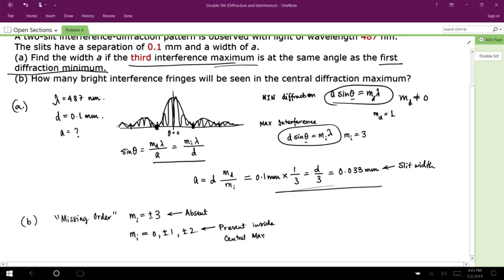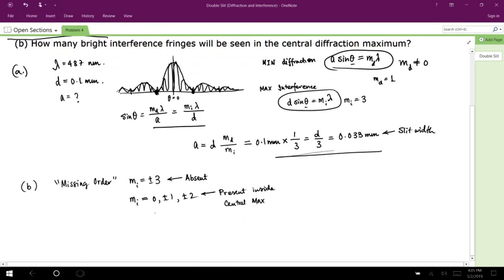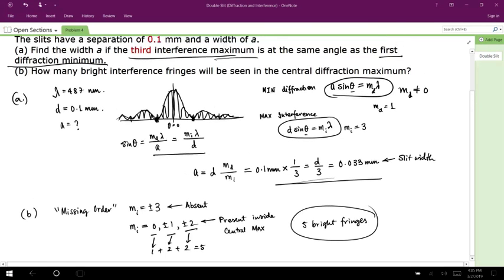So now we can hand count the number of interference fringes. There is 1 for the 0, there are 2 for the plus or minus 1, and then there are 2 for the plus or minus 2. So a total of 5. So we'll see 5 bright fringes inside the central diffraction maximum.